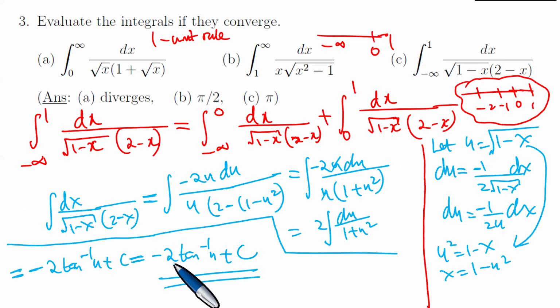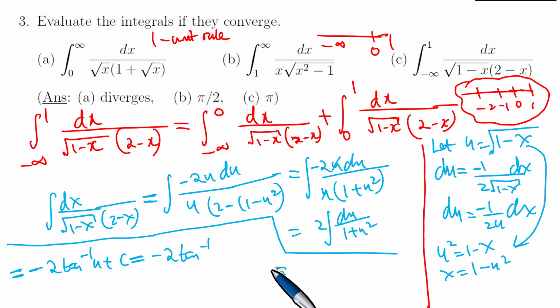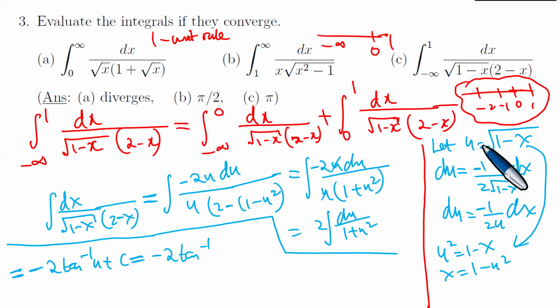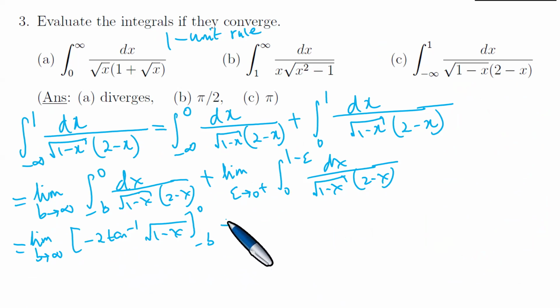We already said the integral is minus 2 arctan u. But I wanted to also say here, it's minus 2 arctan, the u is the square root of 1 minus x, plus c. So that is minus 2 arctan square root of 1 minus x, from minus b to 0.